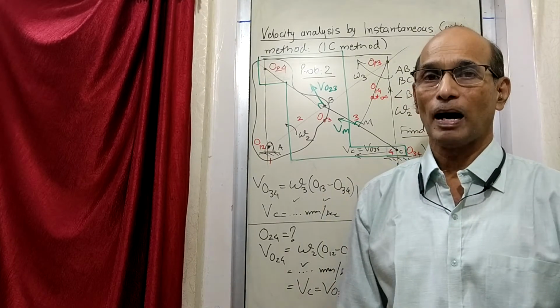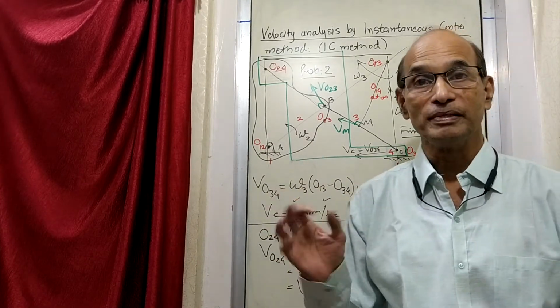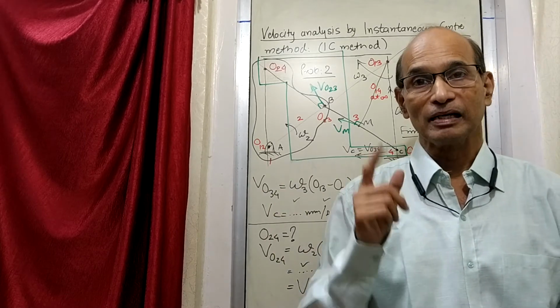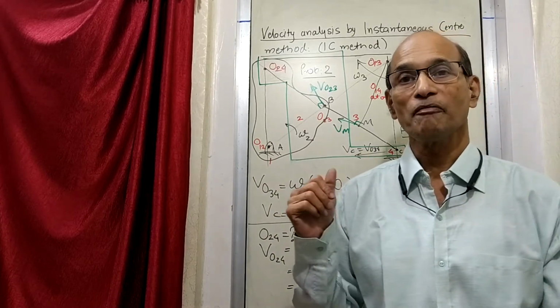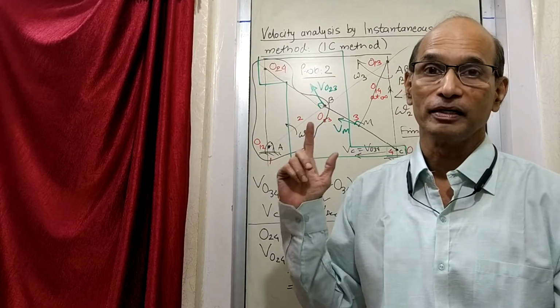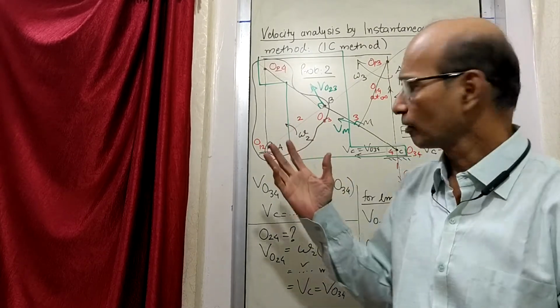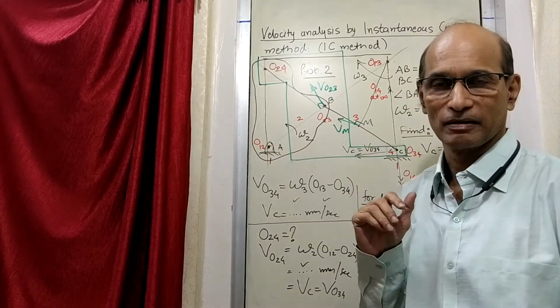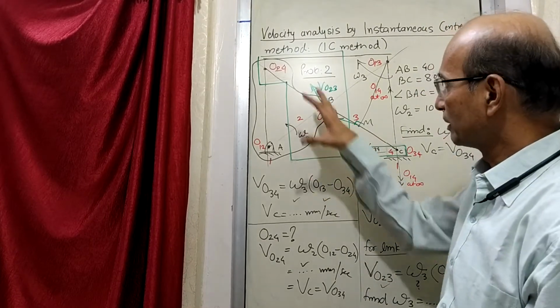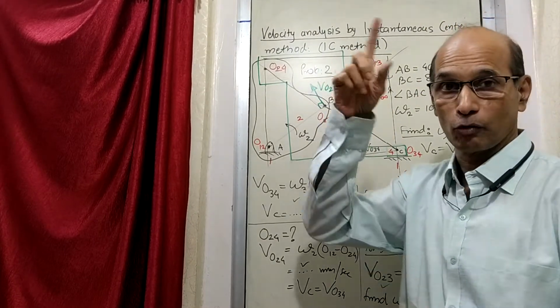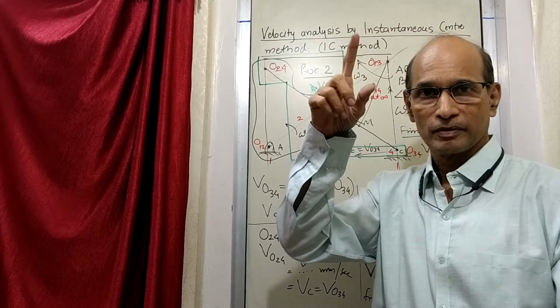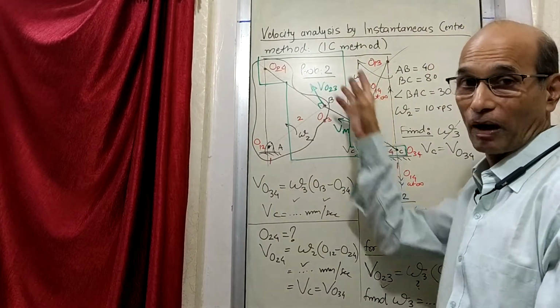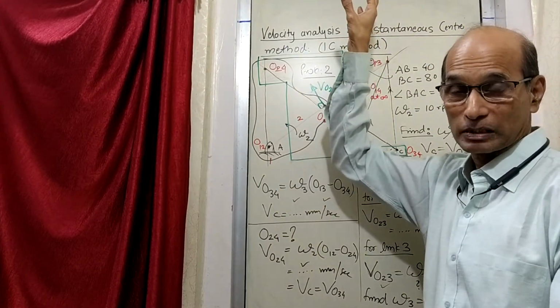In fact, by looking at this procedure, you will come to know immediately and very interestingly what the instantaneous center method can do. Now this is of course a very simple problem, just 4 links are there. But imagine a problem where the mechanism is quite complex, like what we did for the polygon method. There was a mechanism having 4, 5, 6 links, and one of them was a slider.